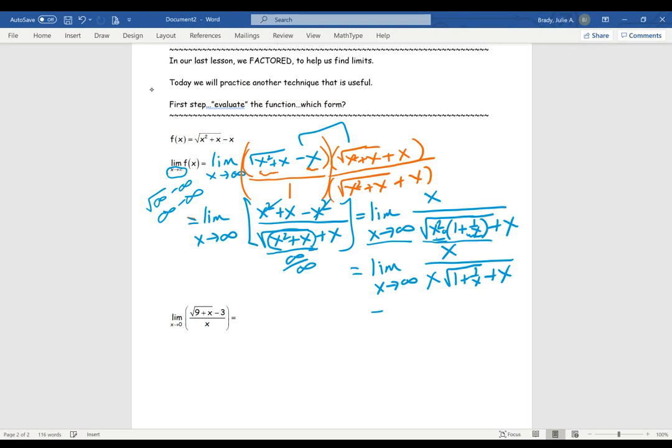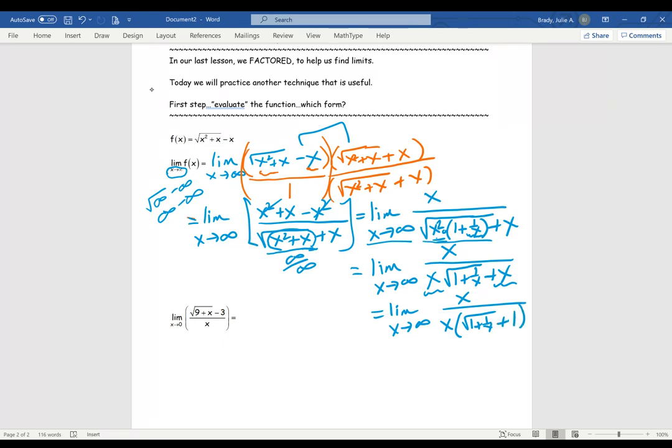Maybe some of you can see that you can reduce out. I'm going to write it in factor form. In the denominator, both things have a factor of x, so I have 1 plus 1 over x plus 1.